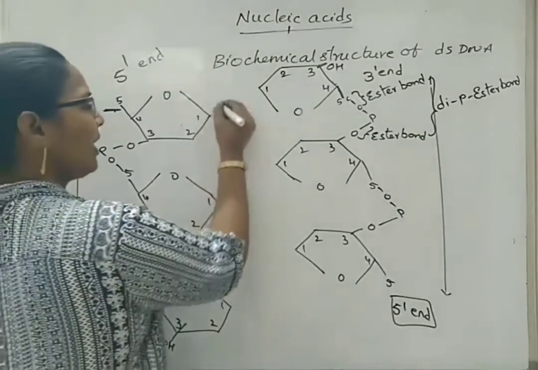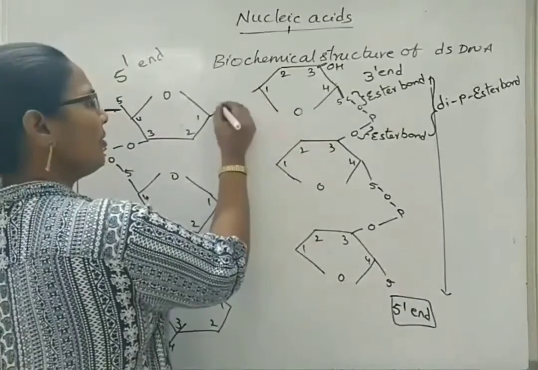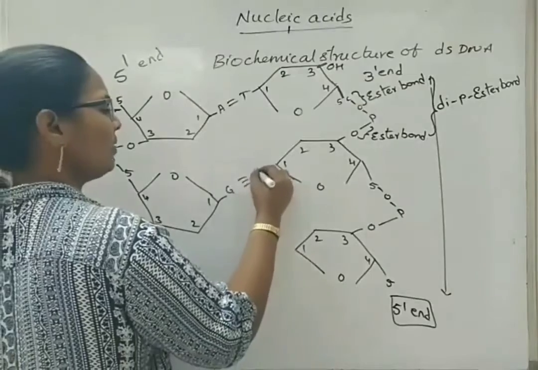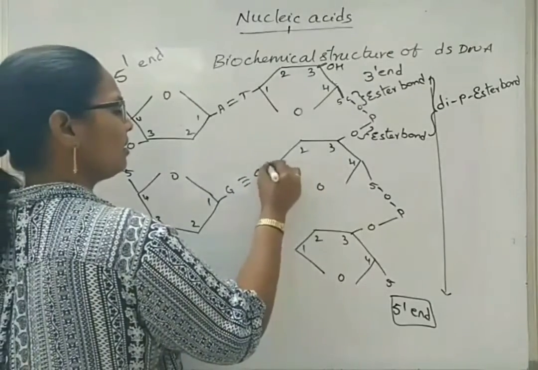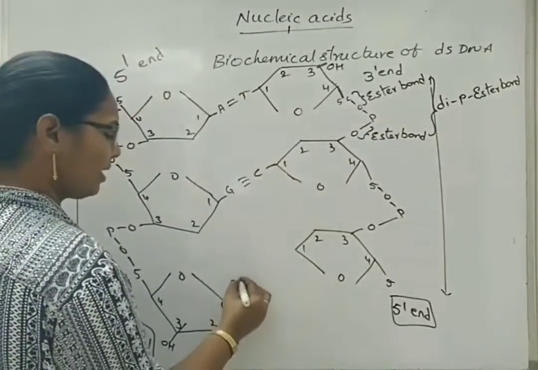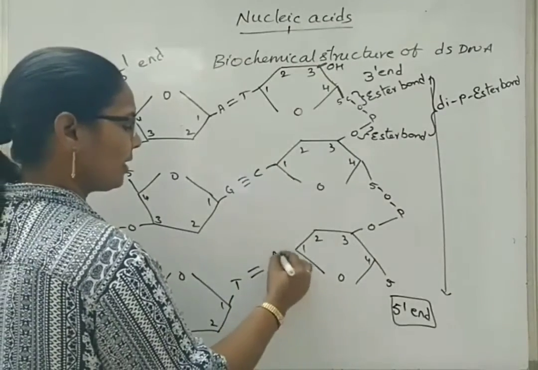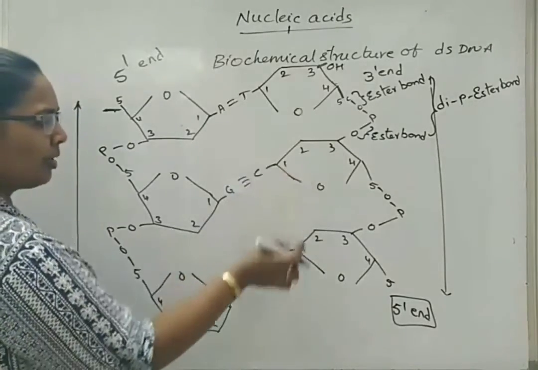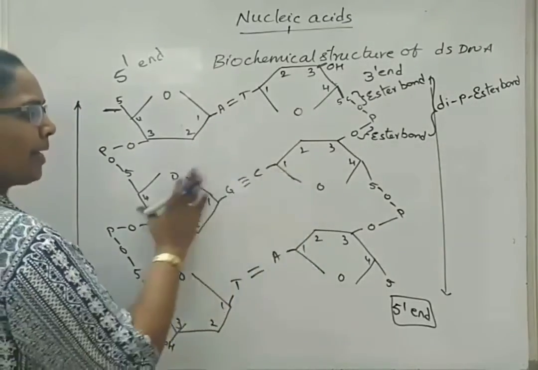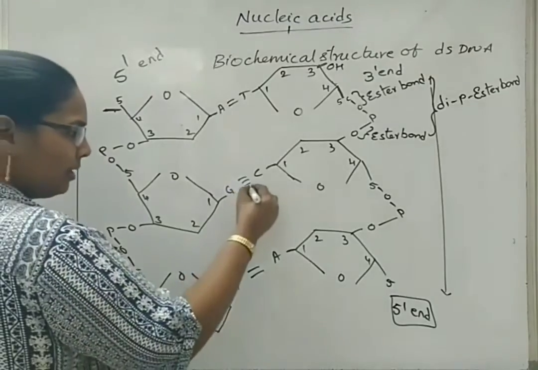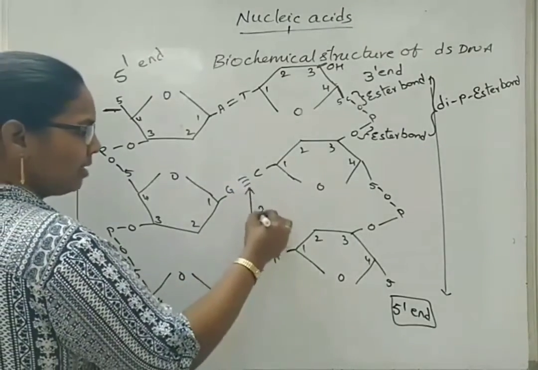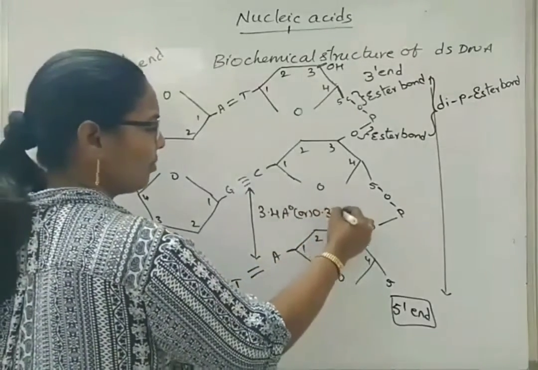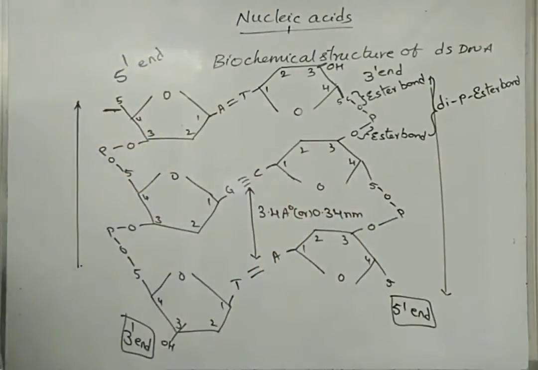Now, what about nitrogen bases? With the glycosidic bond, if it is adenine, it will pair with thymine. If it is guanine, then it will be cytosine. If it is again thymine, there will be 2 hydrogen bonds with adenine and another glycosidic bond. The distance between two base pairs in a nucleotide is 3.4 angstroms or 0.34 nanometers.